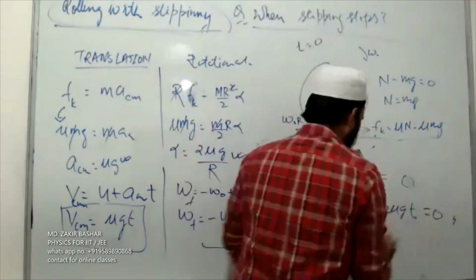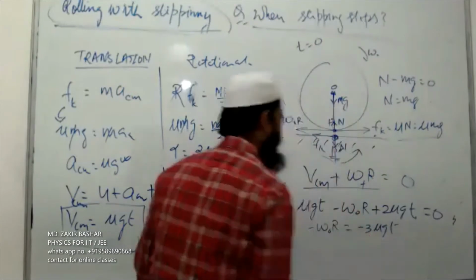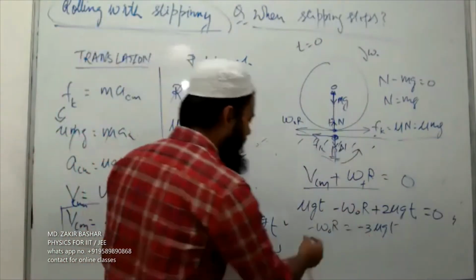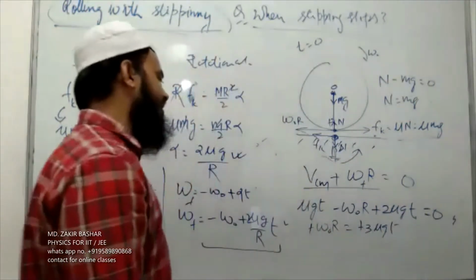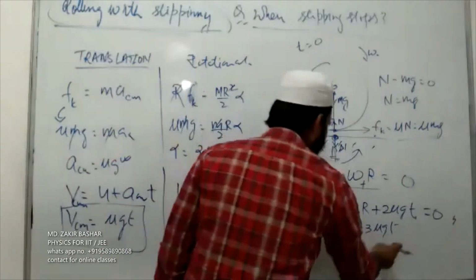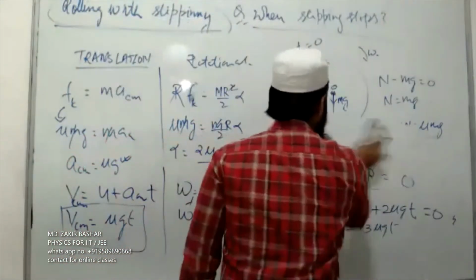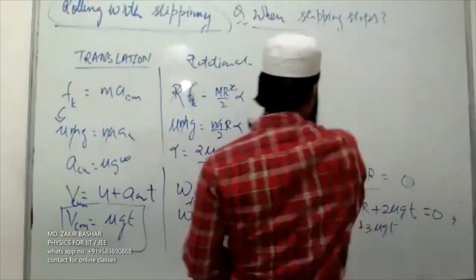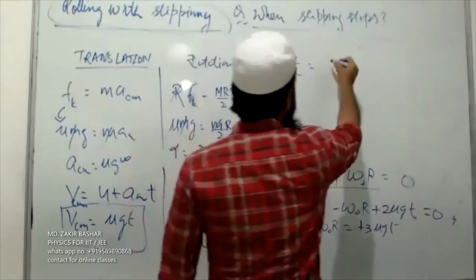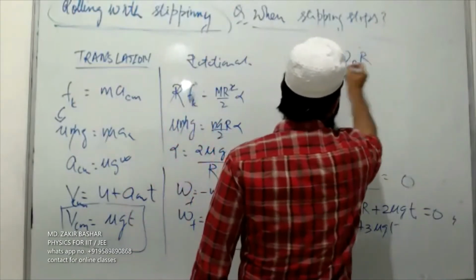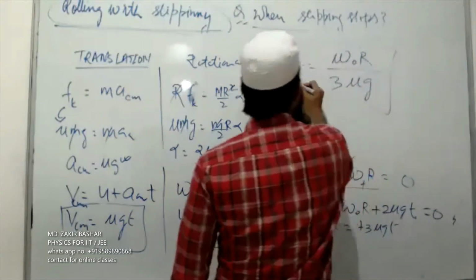When you take it to the right of the equal sign, it is minus 3 mu g t. The minus signs cancel each other. So the value of t will be omega naught into R divided by 3 mu g.